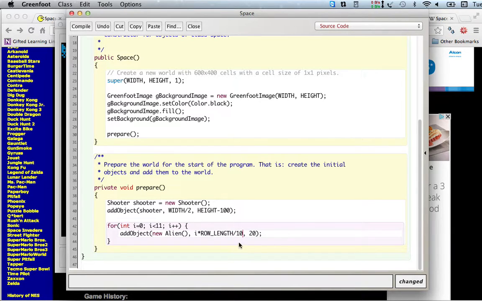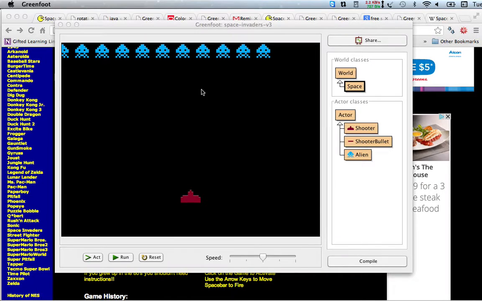So if we say row length divided by 10 and multiply that by i each time, we're going to space things out. So if the row length is 500, then i will start out at 0, and then it'll be 50, and then 100, and so on. So we'll get a shorter row.